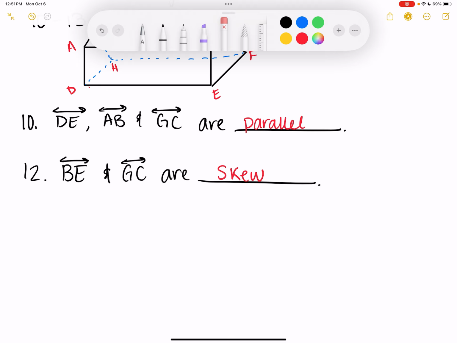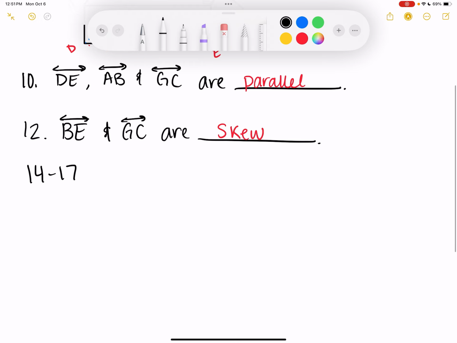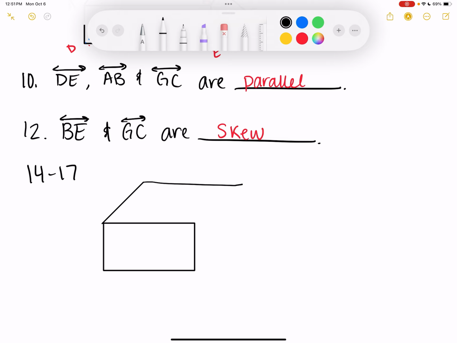So for 14 through 17, this is supposed to be even rectangles.